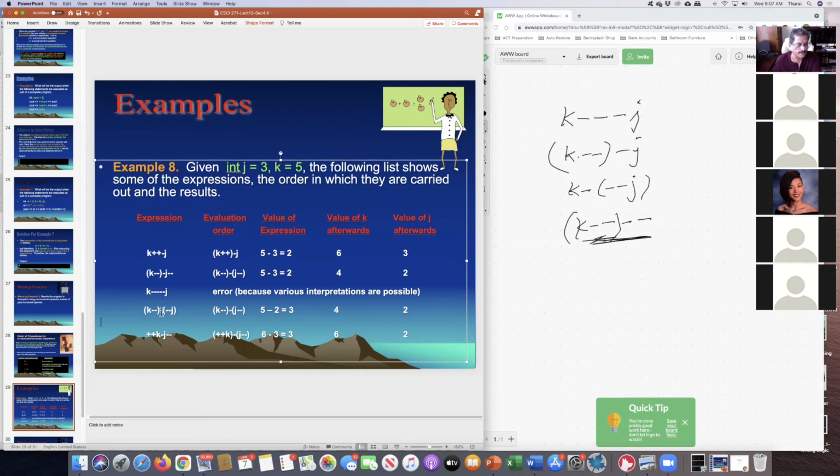The minus in the middle is a subtraction. The others are decrement operators. So remember, it has to be clear what it means. Otherwise, it will be rejected. The other ones are all fine. This is the only one that is invalid here. It'll be an error because it's unclear.